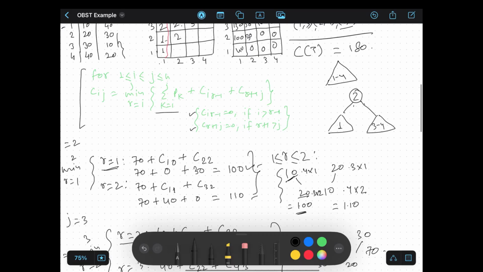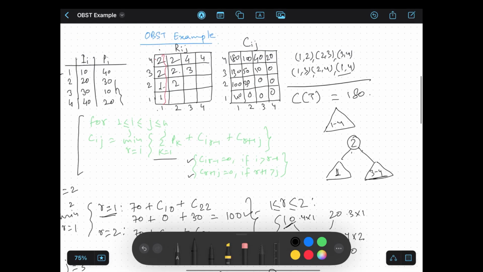Okay. So now, because 1 is a single value, we don't have to do anything with it. But with 3 and 4, we need to find out which is the root between 3 and 4. So we look at 3 and 4, and we see that 4 is the root, the top value.